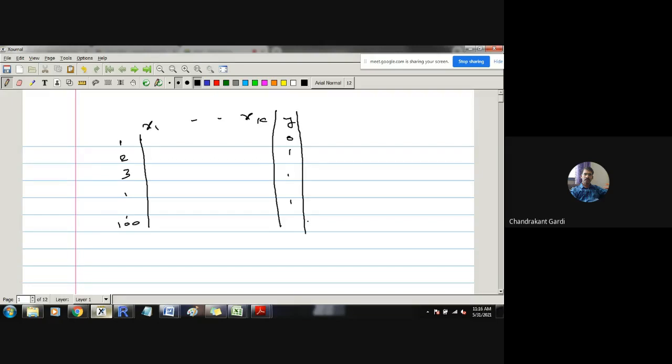Whenever this data set is given, this KNN classifier just accepts this data. Whenever a new observation comes in, which takes the value of x1 as t1, the corresponding random variable x2 as t2, up to tk, then whenever a new k tuple comes in, at that particular time it starts working.